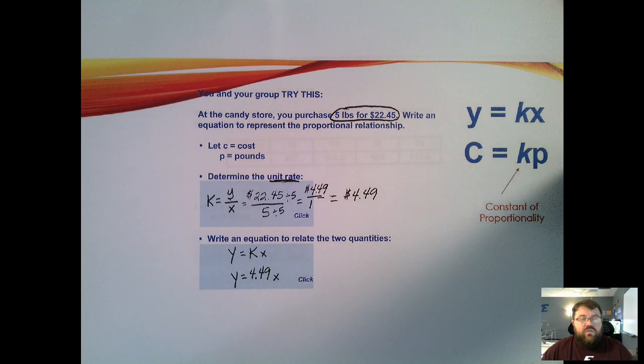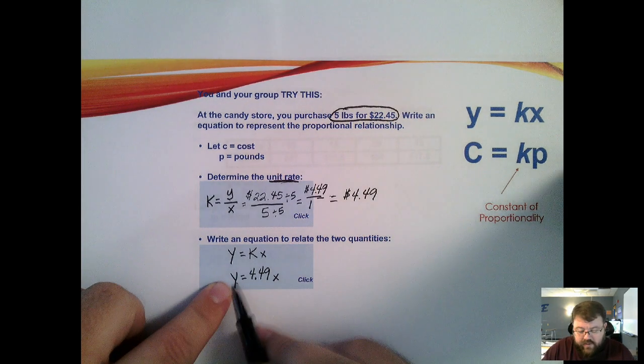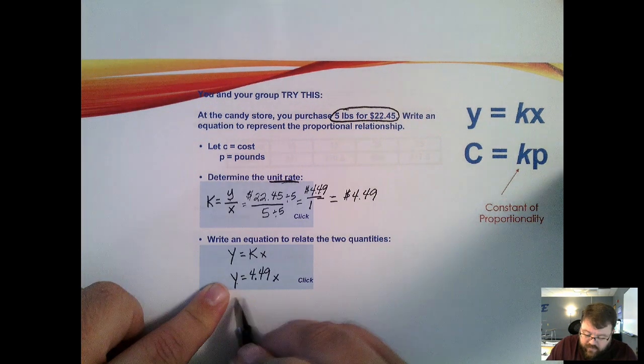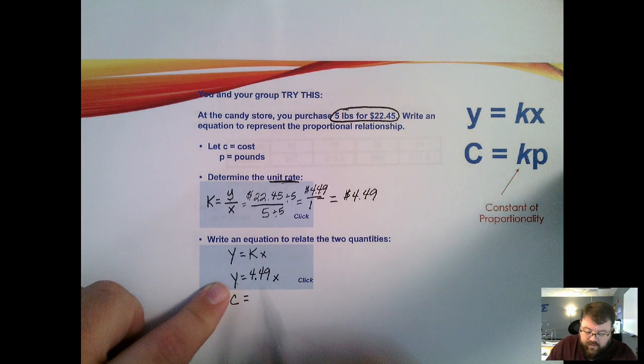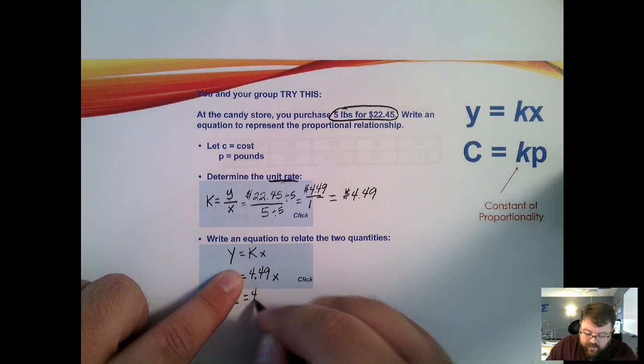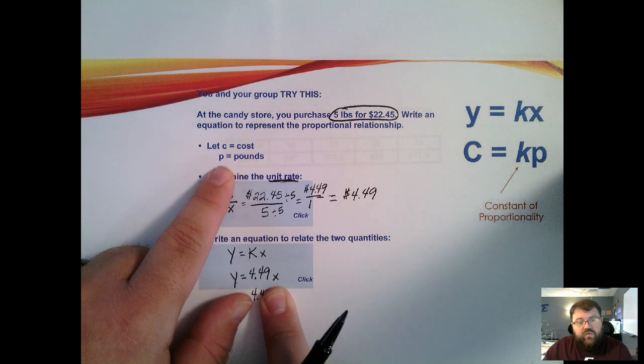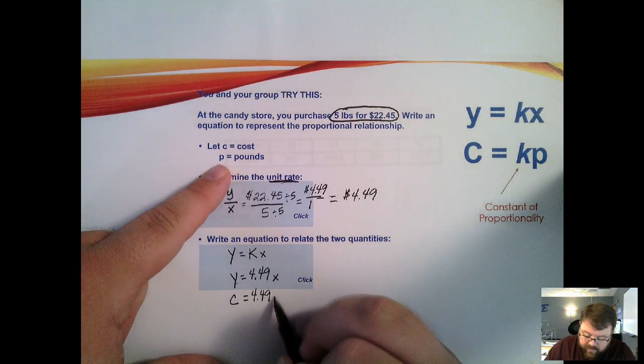You need to understand that the value of Y is cost, so they're going to give you the value of your variable, which is C. C is equal to, your K is your constant. Remember, it's staying the same. X, it tells you that it's P.